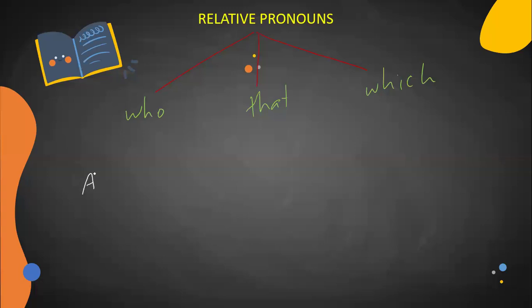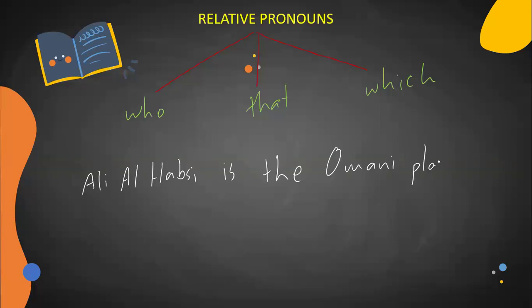Ali al-Habsi is the Omani player. Okay, this is the noun, Omani player. Since we have Ali al-Habsi, a man, we have to say who.